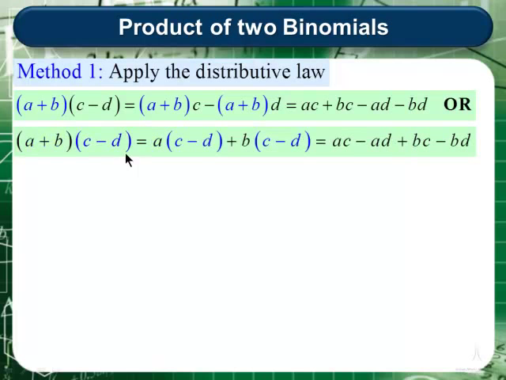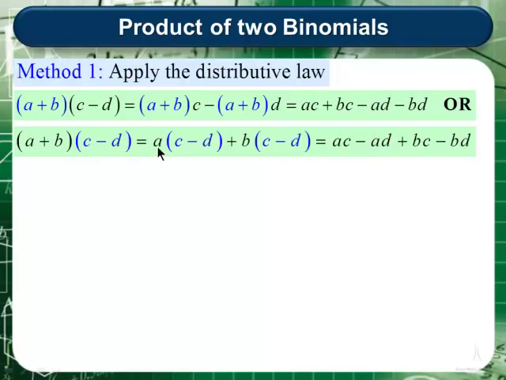Or you can actually decide to view the binomial represented by the blue bracket here as a unit and multiply using the distributive law from the right into this particular expression, the binomial represented by the black bracket in this case. If we do that, then clearly the unit c minus d as a binomial must be multiplied with a first, and secondly it must be multiplied with b.